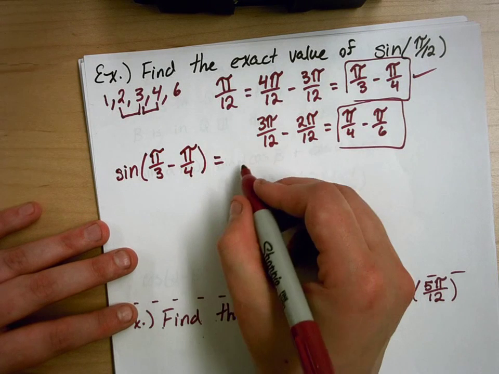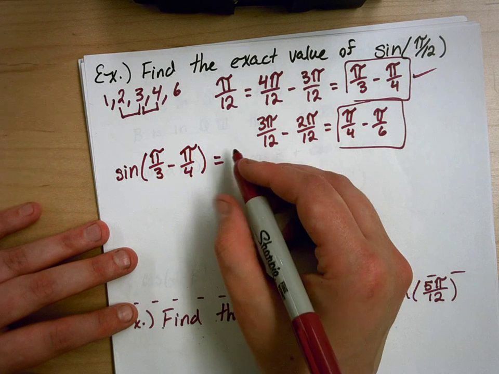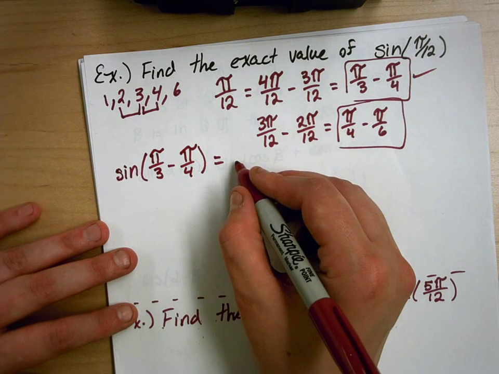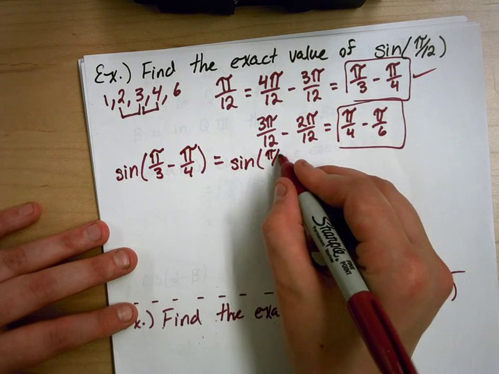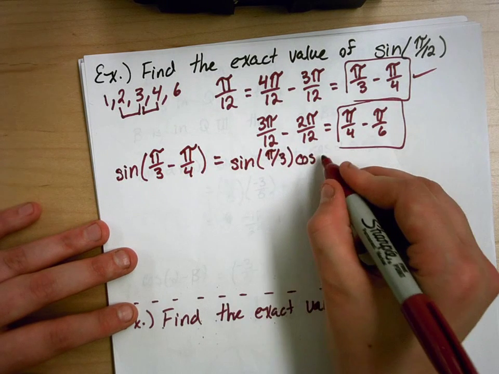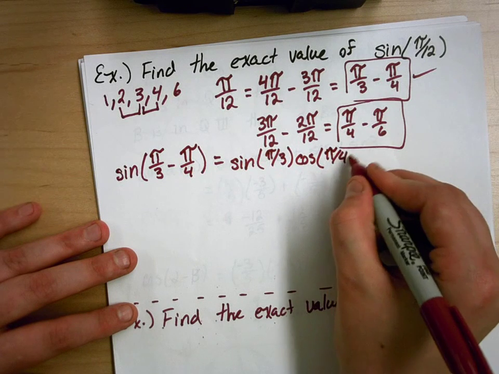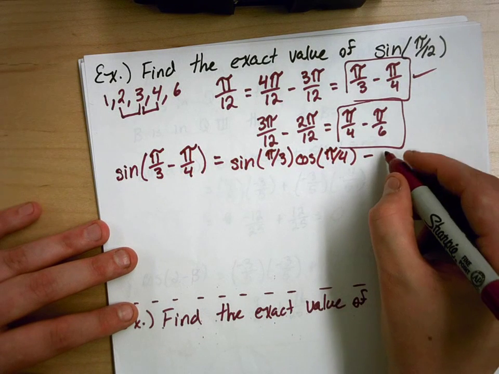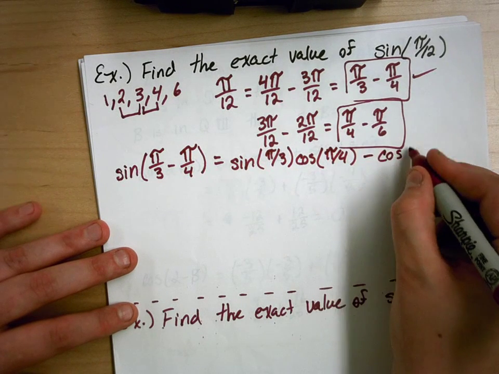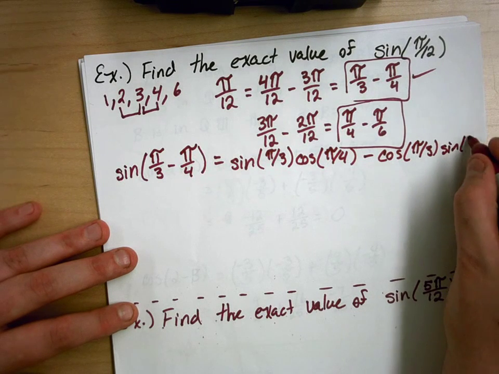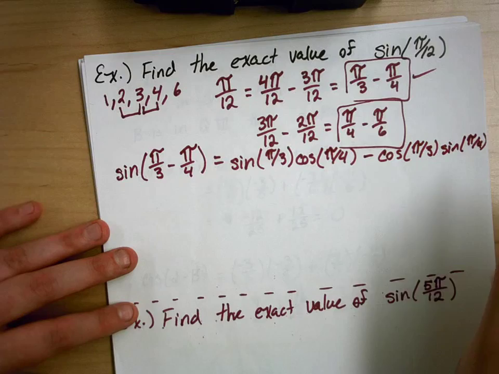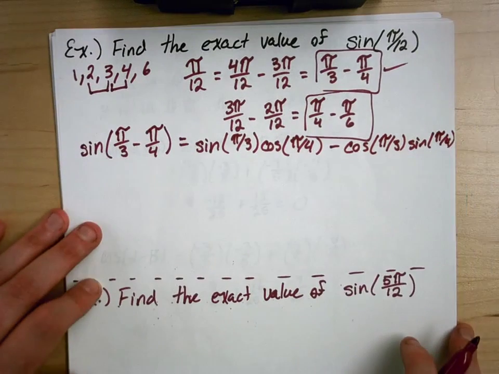That's going to equal, if I use my handy dandy note sheet, which you should have next to you by now, sine of pi over 3 times cosine of pi over 4 minus cosine of pi over 3 times sine of pi over 4. Okay, sorry, I scrunched it up a little bit.